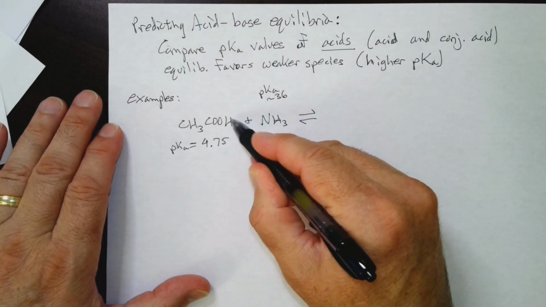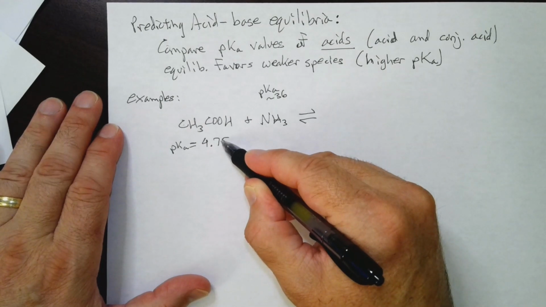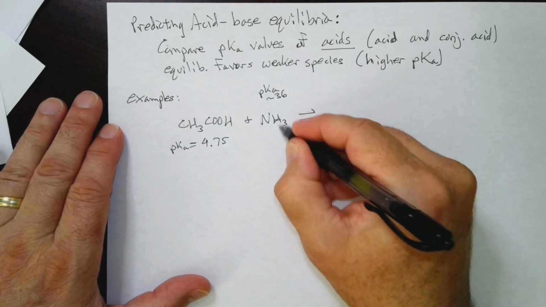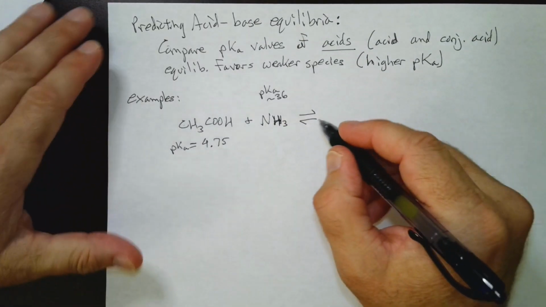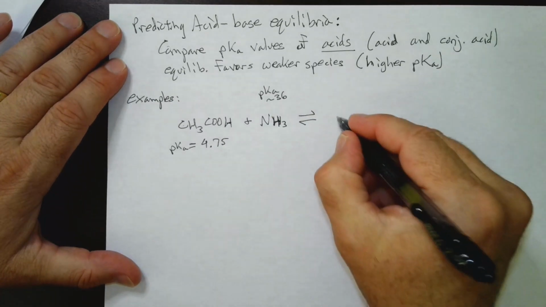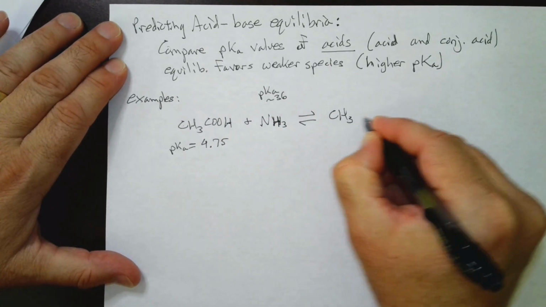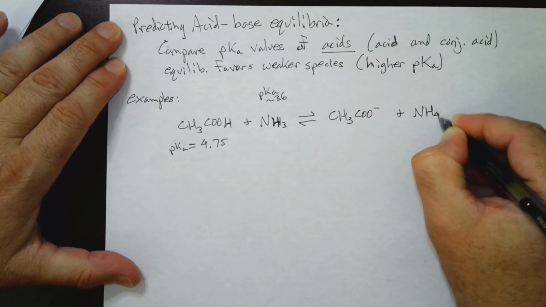So acetic acid losing that one proton, that pKa is 4.75. For ammonia losing a proton, that pKa is 36. So what's going to happen? Well, this proton will go over to ammonia. So I'll get CH3COO minus plus NH4 plus.